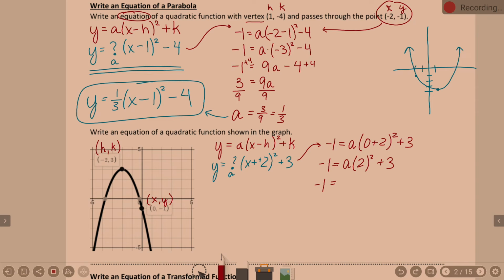And what is that 4 combined with? 4a. And again, I'm writing it as 4a because I don't want you guys to fall into the trap of 4 plus 3. And if I put that 4 after the a, I'm afraid you'll do that. If it's 4a plus 3, I'm going to minus 3. -1 minus 3 is -4 equals 4a. Divide the 4 away from the a, and a is -1.